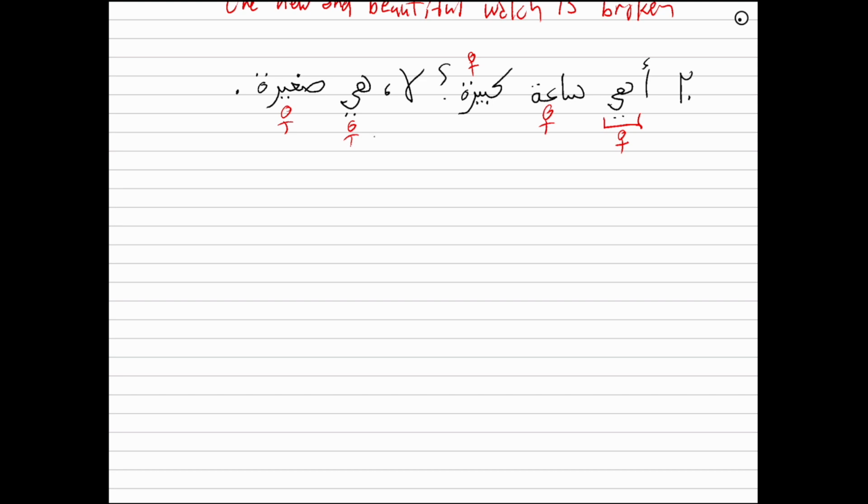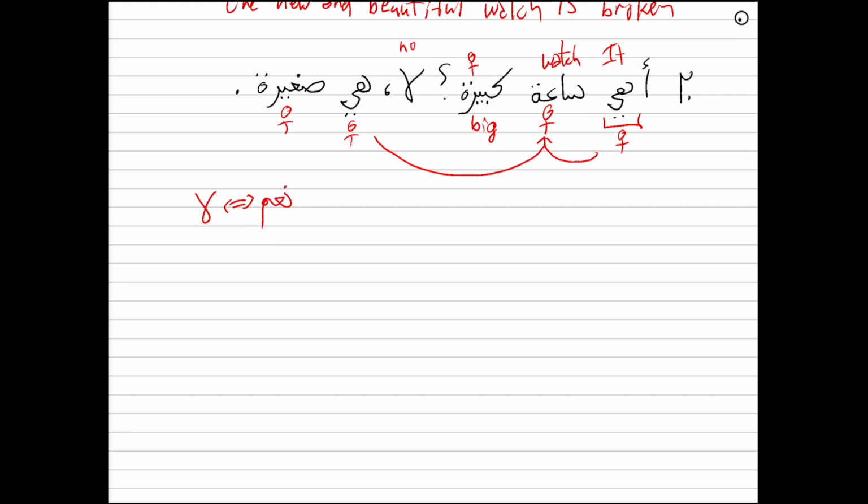Well, it's all referring back to this sa'a. We said this was watch, and we can say it, and this is big or grand. La means no, which is the direct opposite of nam. Nam is yes. I wrote that horribly.